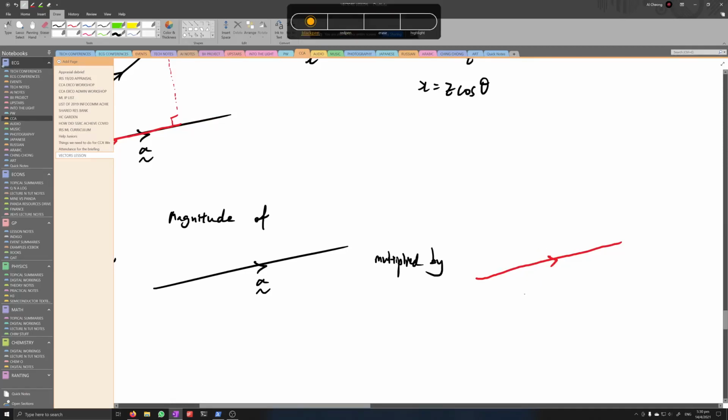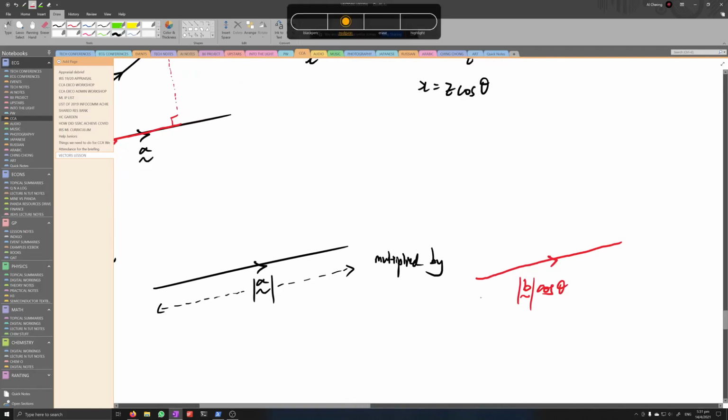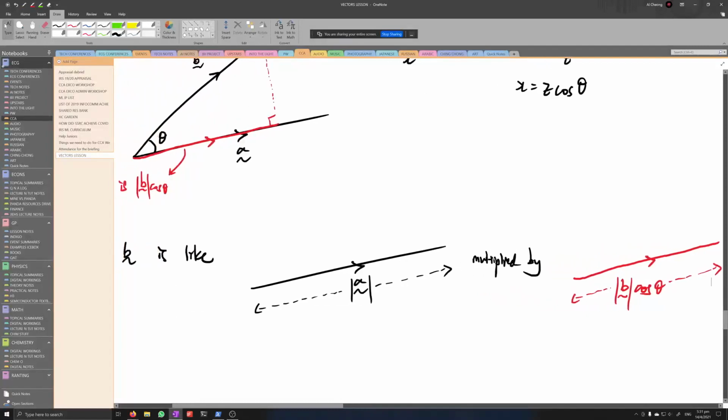So it's here multiplied by here. That's dot product. Okay.